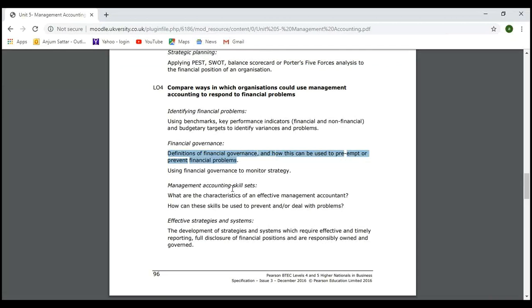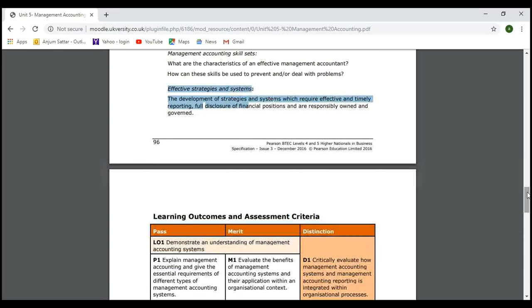We discussed some effective management accounting techniques and different strategies we can use in our organization, so that it helps us maximize our return. That's all the learning outcome being addressed.